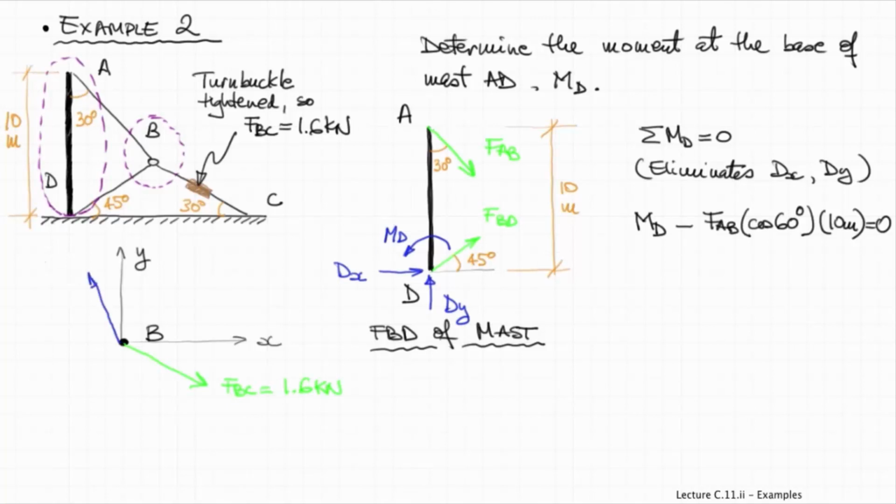And this one here would be the force in cable AB, which we need to solve for. And the third one is the force in cable BD, all of them tension forces because they're cables. And let's also write these angles that these cables make with the horizontal and the vertical respectively.